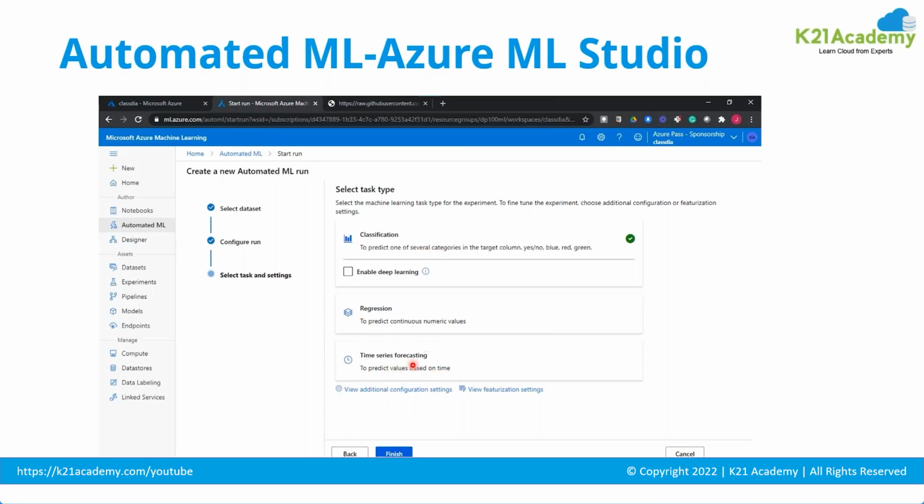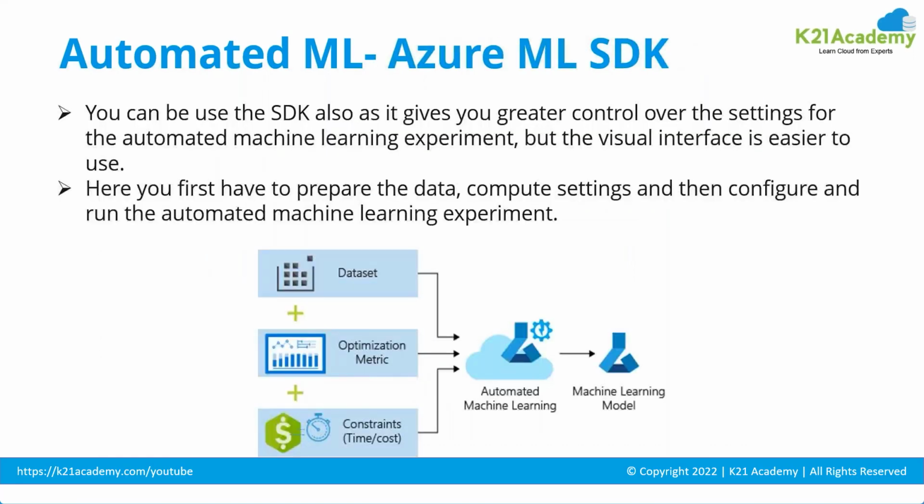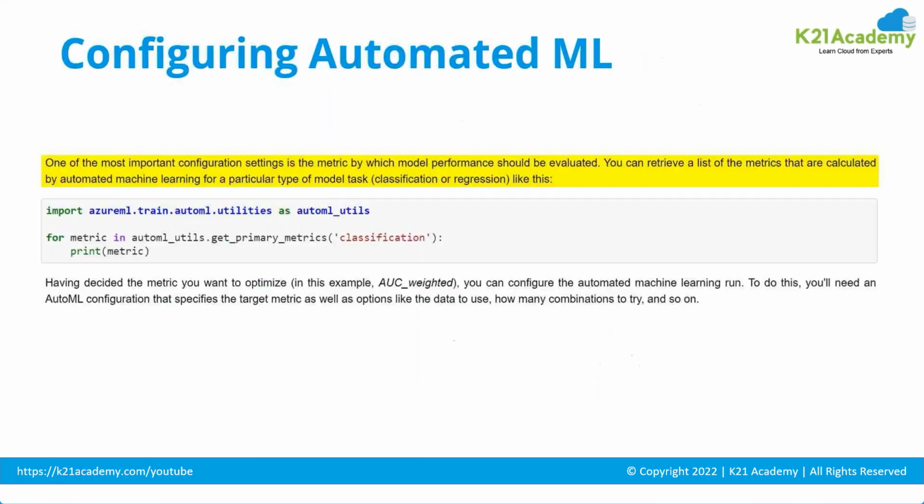So you select which one it is, and then that's all, the rest is done. You will just find the best model, and the best model is already found for you. You just take it and go ahead and deploy that, right? So that's straightforward and that's easy, using the automated ML feature.